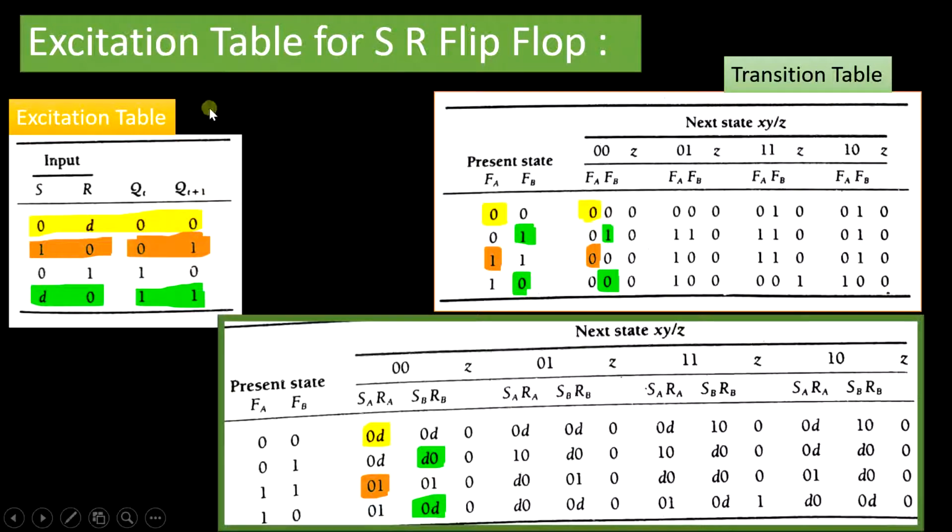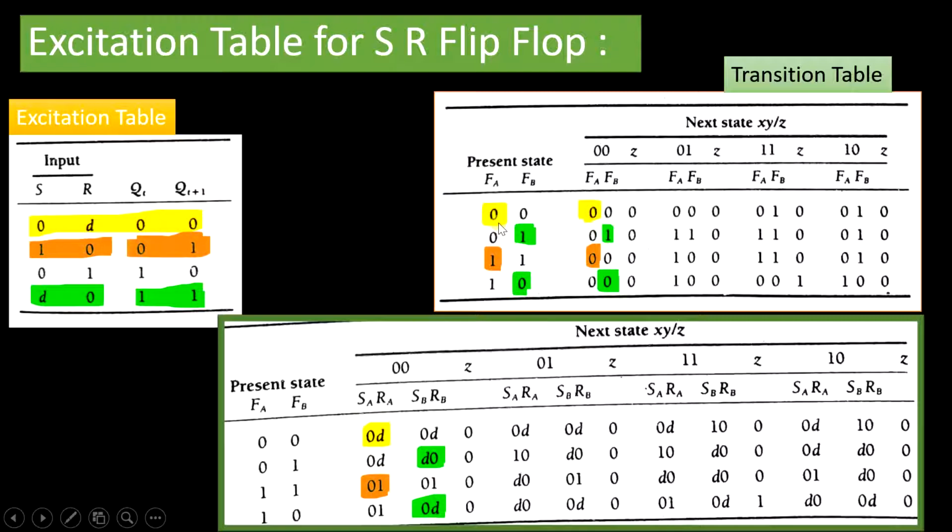So here I am having the application table. This is the transition table. What I need to do is compare for which flip-flop I am going to write the excitation table contents.